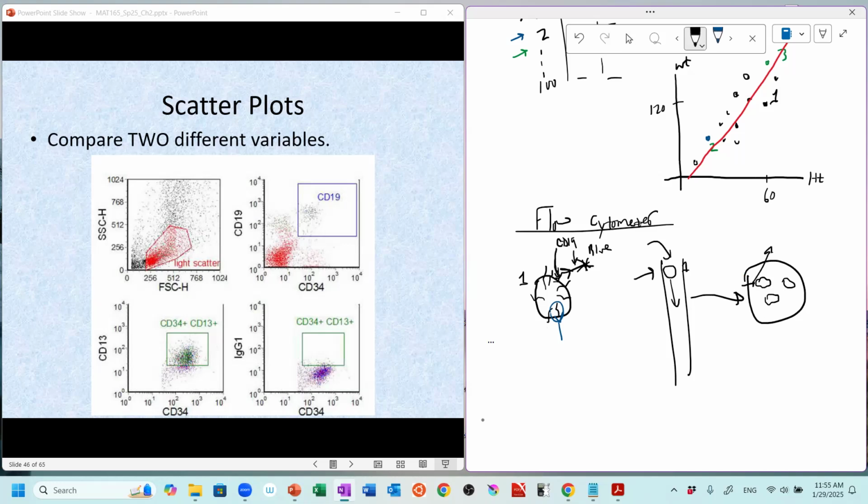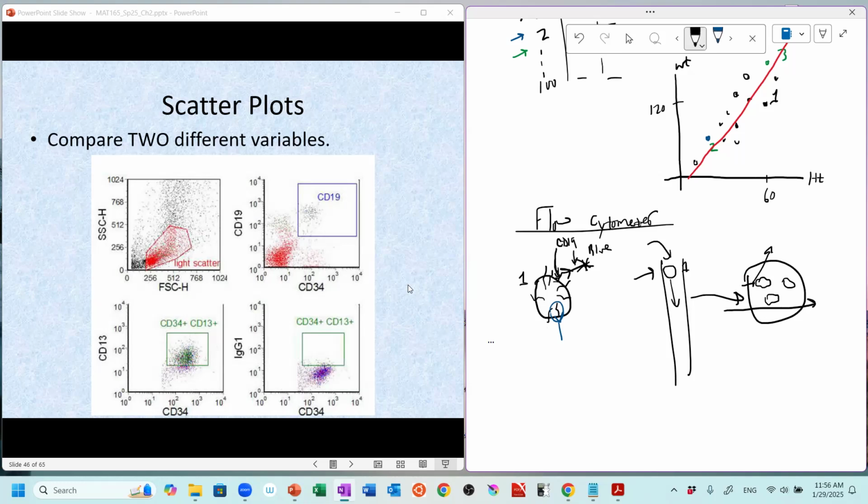Or if it tends to not hit anything, it'll just go straight forward. So the less complex the cell is, maybe like a red blood cell that doesn't have a nucleus, you'd expect more forward scatter, the light going straight through it, where with more complex cells, you might expect more side scatter. So again, that might tell them something, right?